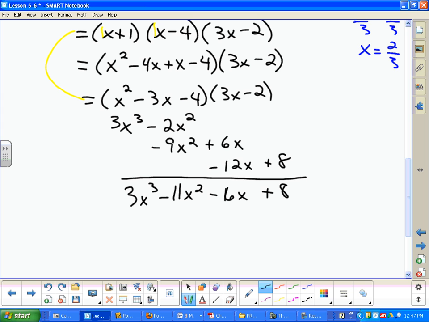Now the thing is that if you did it with fractions, then you would end up with x cubed. You would end up basically taking all these and dividing them by 3. So if you had it as a fraction, then I would have x cubed minus 11/3 x squared minus 2x plus 8/3. Okay, all right, if you wanted to leave them as fractions, but I wouldn't.